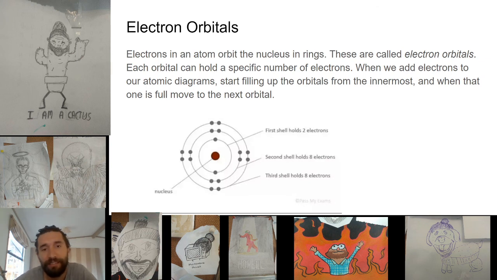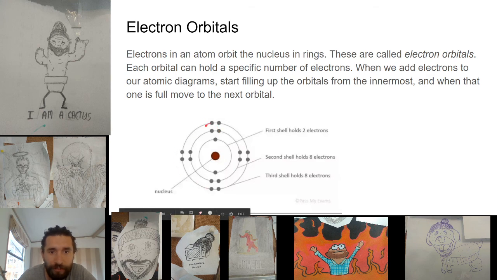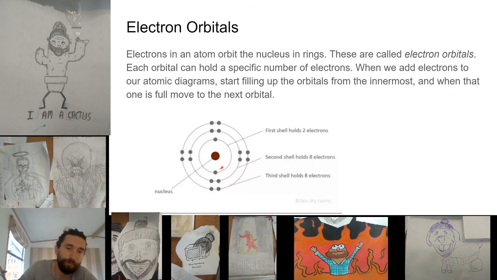So here is a more accurate diagram of an atom. In the middle, we have the nucleus, and then we have these orbitals or circles around the nucleus where the electrons exist as they go around the nucleus. Each orbital has a maximum amount of electrons it can hold.